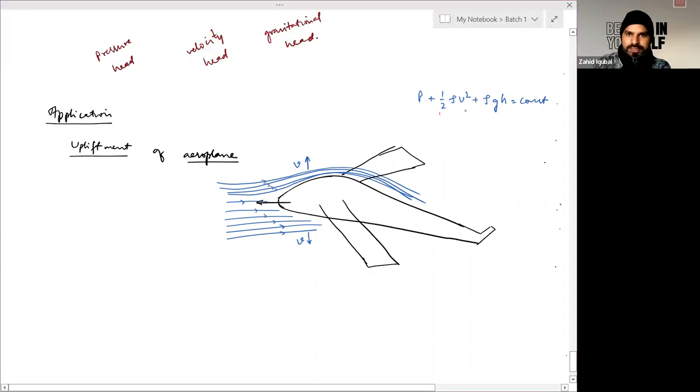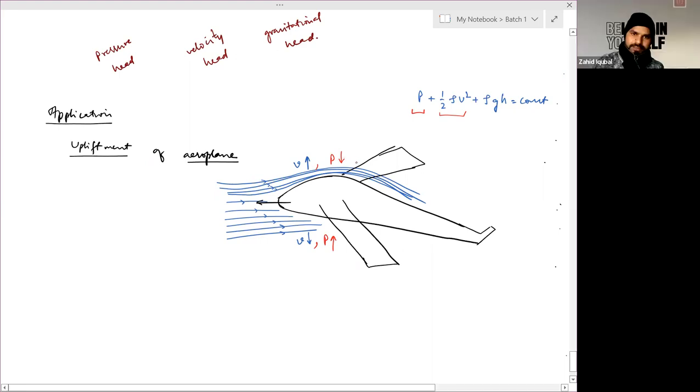If velocity is decreasing, the velocity term will decrease, so pressure must increase so that the sum of these terms at any instant stays constant. So in the lower segment, velocity is decreasing, so pressure must increase. In the upper part, velocity is increasing, so pressure must decrease. Is it clear? Yes, sir.